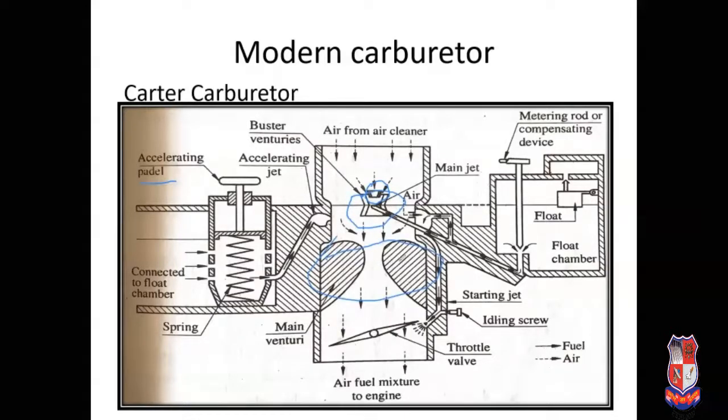The purpose of the three-stage Venturi is better atomization and better mixing of the air and fuel. The remaining functions of the Carter carburetor are the same as those of the Solex carburetor.